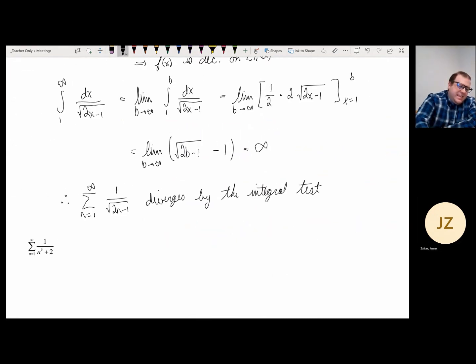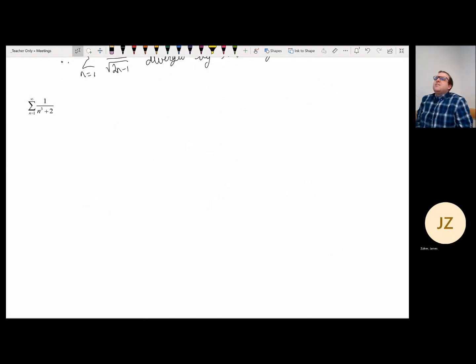So the key to this test is you have to look at it and decide, does it converge or not? If you think it converges, then you want to find a larger series that you know converges. If it doesn't, you want a smaller series that you know diverges.